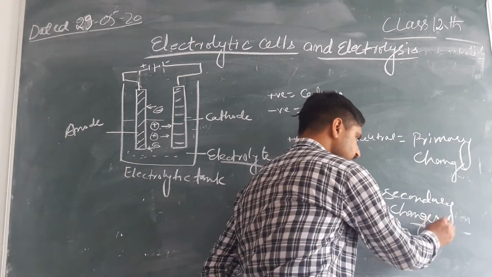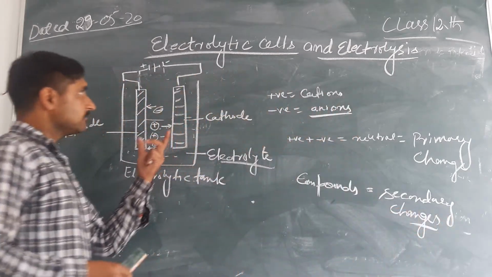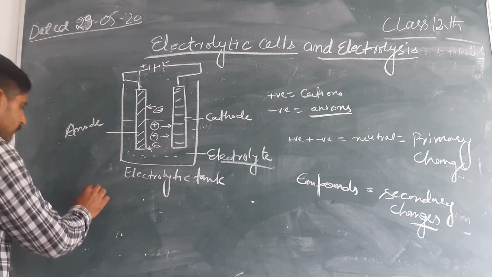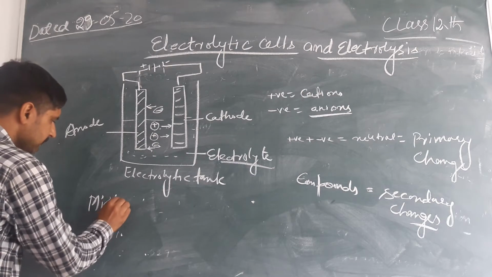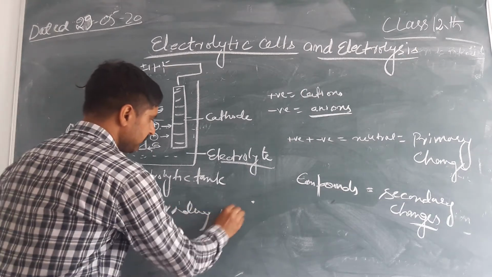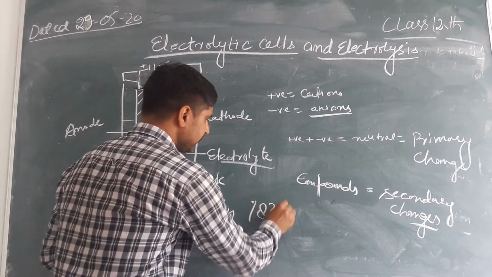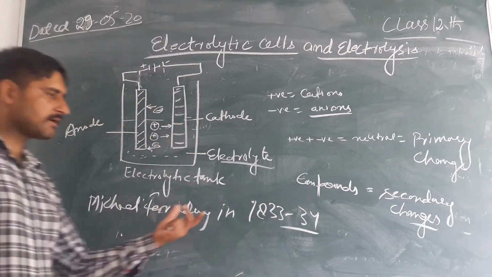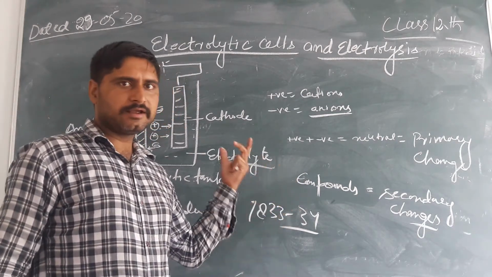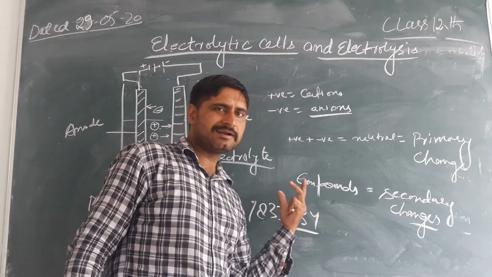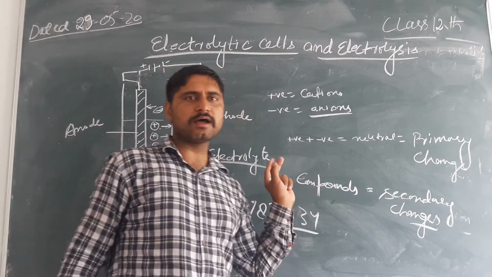Now, this electrolysis was first discovered by Michael Faraday in somewhere around 1833-34. A large number of experiments were carried out, and these experiments were formulated in the form of two laws.